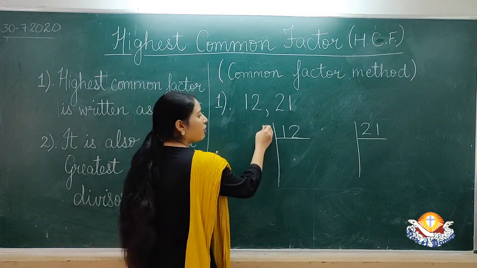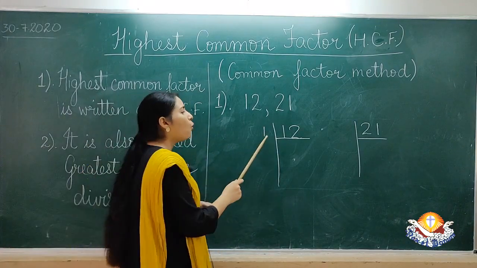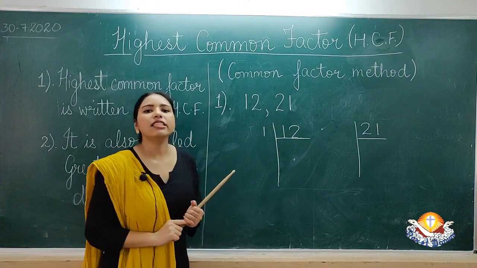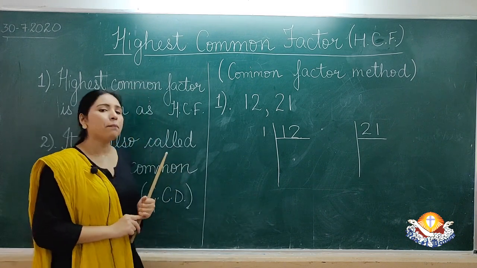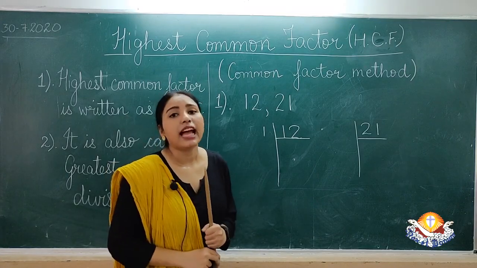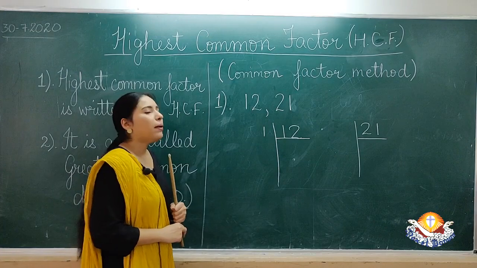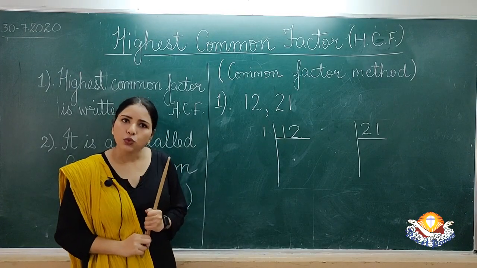So first we write 1 over here, which means that 1 12s is 12. Okay? Now coming on to the next bigger number, that is the number which is bigger than 1. So the number bigger than 1 is 2.